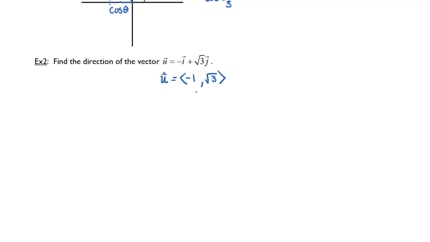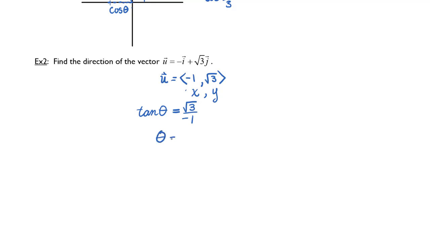From here, I'll note that this is like my x value, or change in x, and the second value in the component vector is the change in y. And that will give me an interesting bit of information. I know that tangent of theta is equal to y over x, so I'll go ahead and write this as root 3 over negative 1.